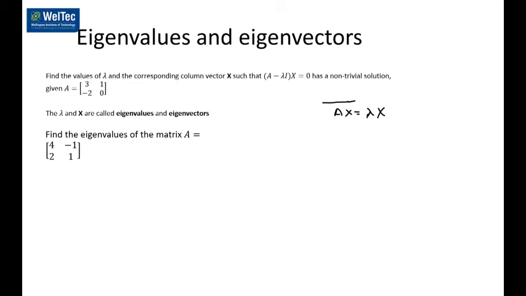So to have a non-trivial solution, 0 has got to equal the determinant of A minus lambda I, and what we're looking at here is [3 minus lambda, 1; -2, negative lambda]. And we talk about this, A minus lambda I, as being the characteristic equation.